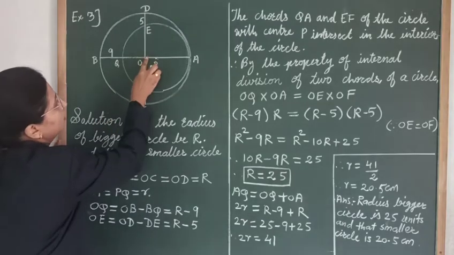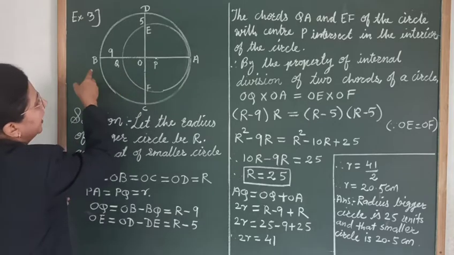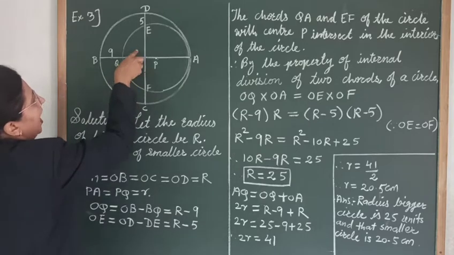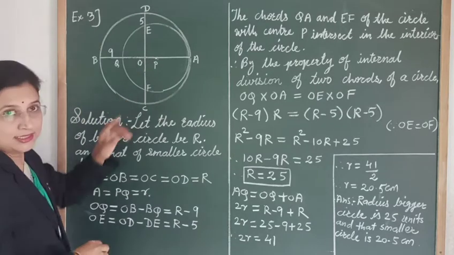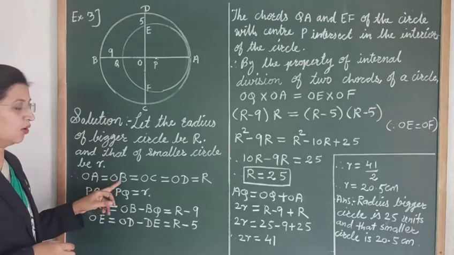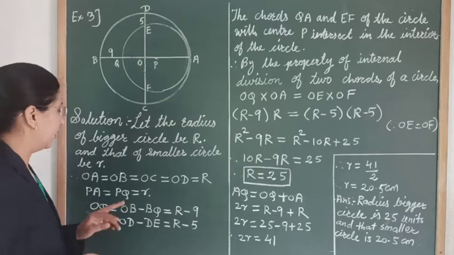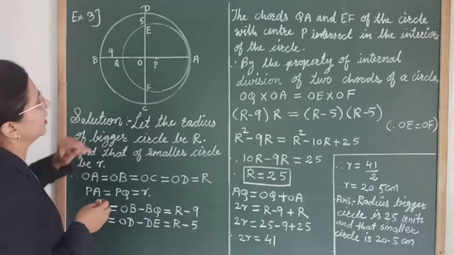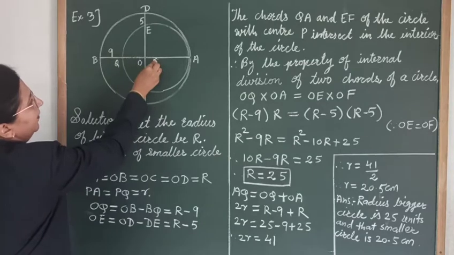You can see here OA, OQ, OB, then OC and OD. These are the radii of this larger circle. So here OA is equal to OB is equal to OC is equal to OD is equal to capital R. And for the smaller circle, what are its radii? That is PQ and PA.